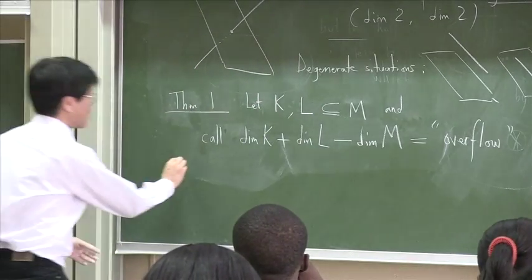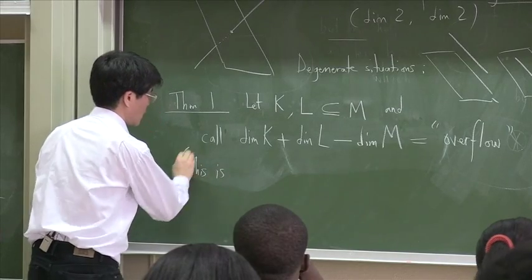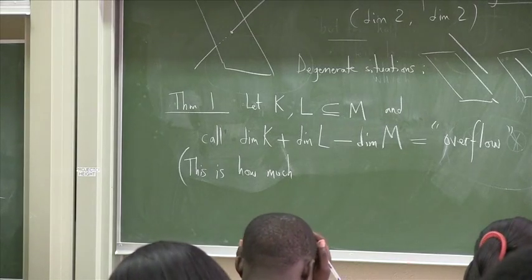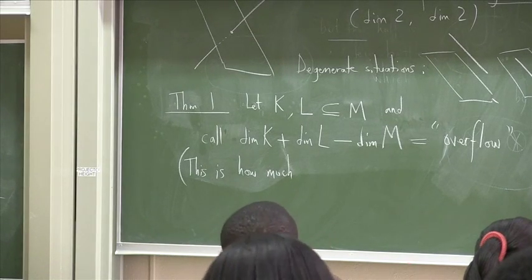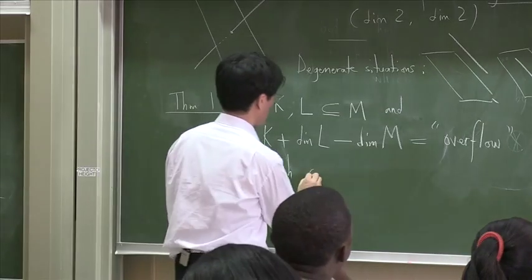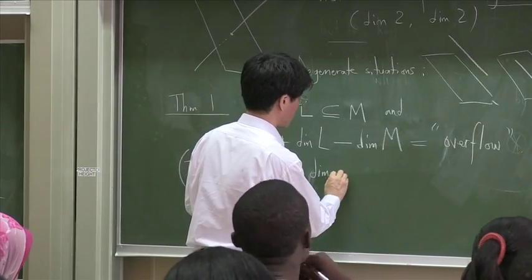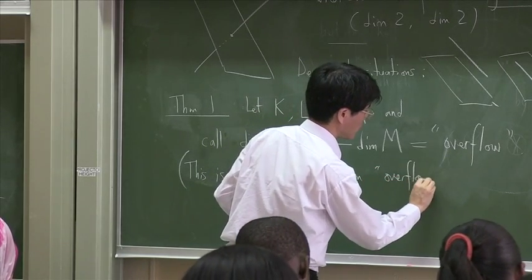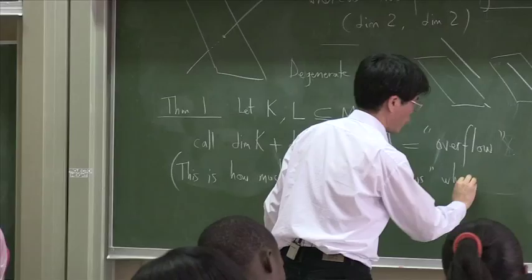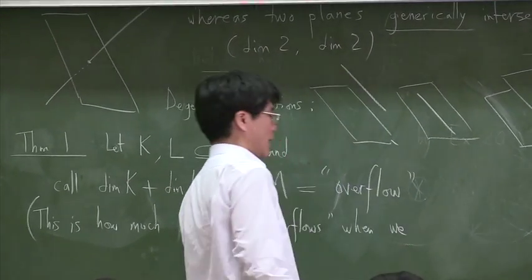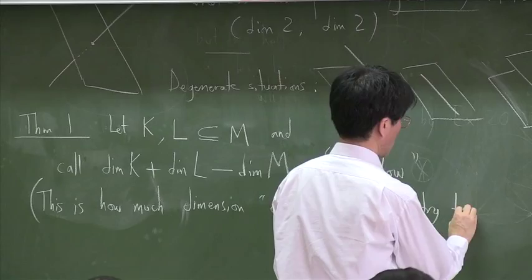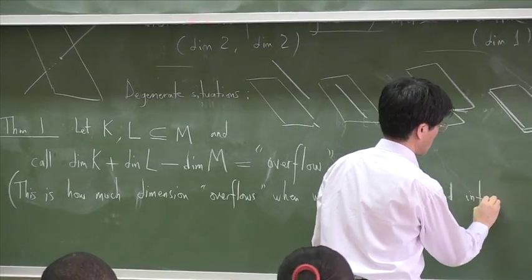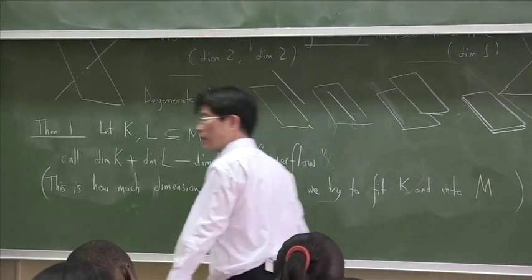So this is how much dimension overflows when we try to force fit K and L into M. That's the intuitive interpretation.